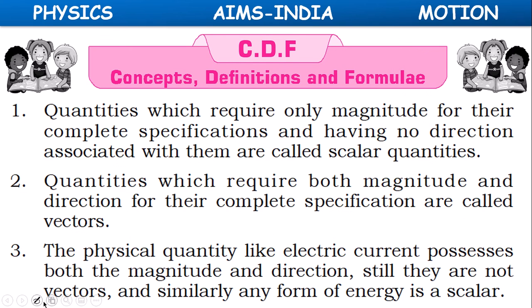Next, physical quantities like electric current. In our house we make use of electricity, the flow of which is called electric current, which runs our electric appliances like the refrigerator, television and many other electrical equipments.